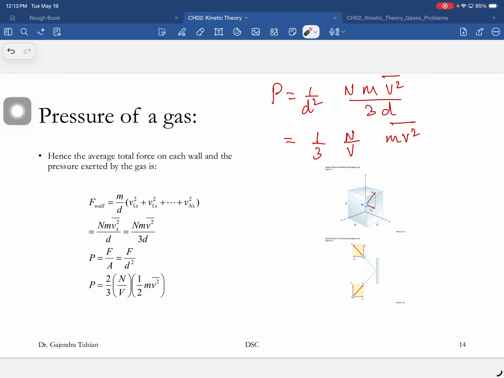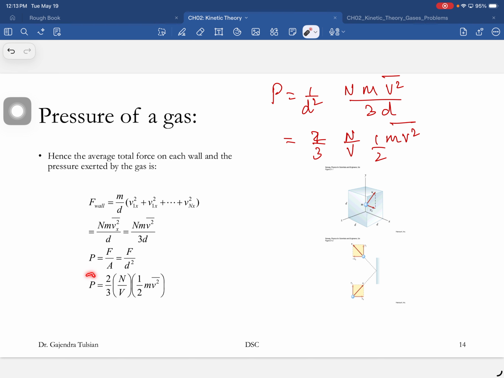Does this look familiar? You've seen something like this anywhere? The kinetic energy of the molecule is almost that, except for a factor of half. So let's throw in a factor of half. There you go.